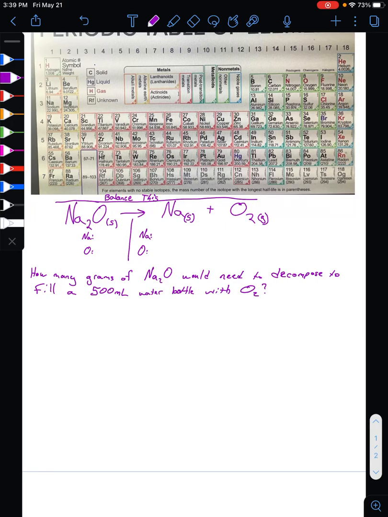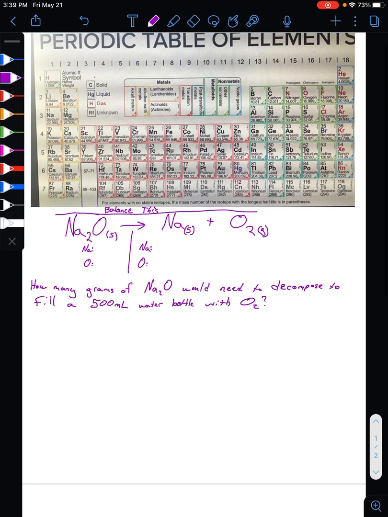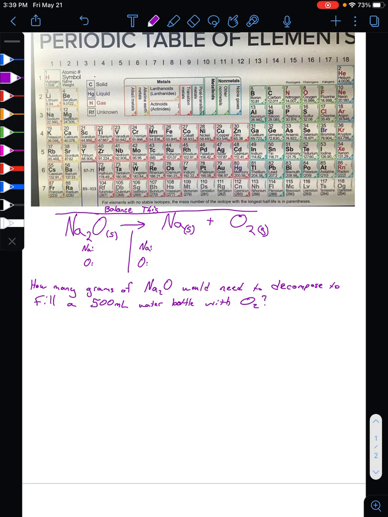All right, everyone. This problem is very similar to the final problem in the carbon dioxide inquiry lab. So if you're struggling to get the math lined up correctly, this will help get you there with a similar problem.